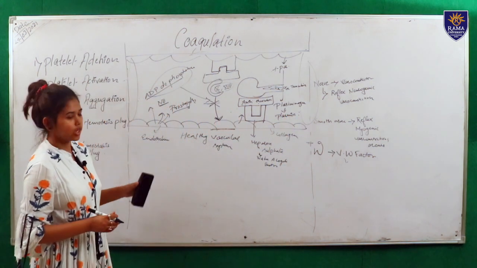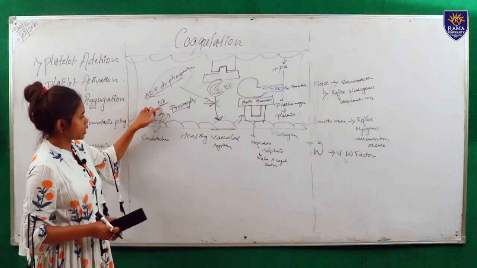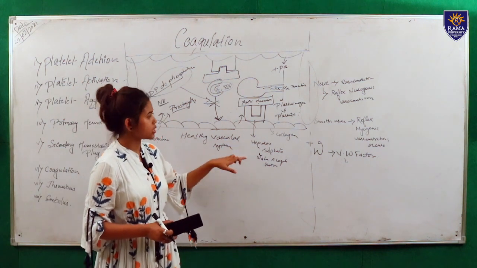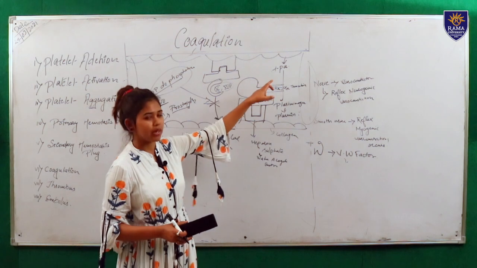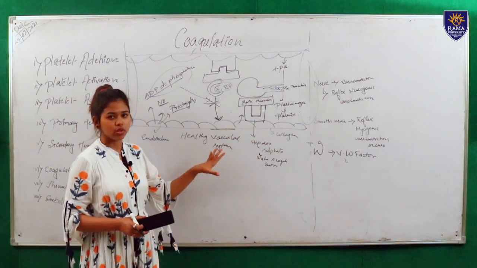So this is how it works. The vasodilators are ADP dephosphatase, nitric oxide and prostacyclins, and the natural anticoagulants are heparan sulfate, antithrombin, thrombin modulator and tissue plasminogen activator. This is what happens in a healthy vascular system.